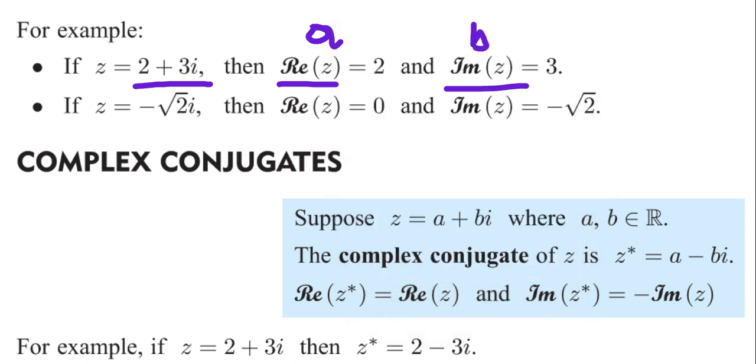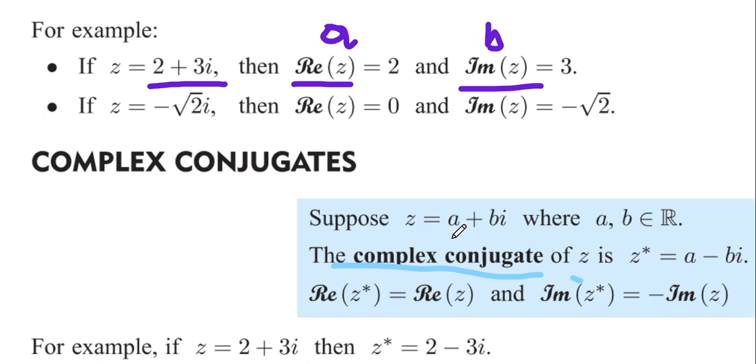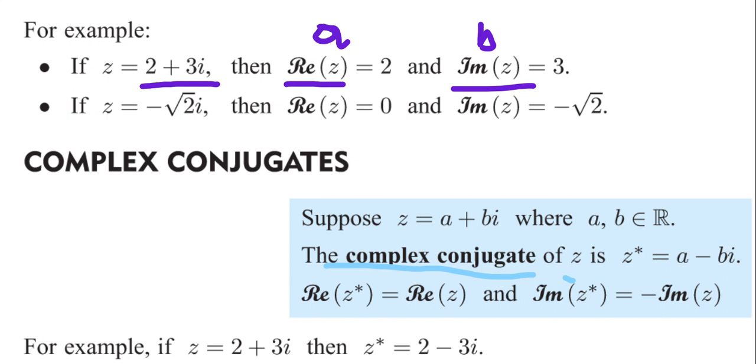If we have z equals a plus b iota, the complex conjugate of this z would be the opposite. In this case, it would be a minus b iota, because we put the opposite sign since it's the conjugate, and we write it with a bar instead of simply z.